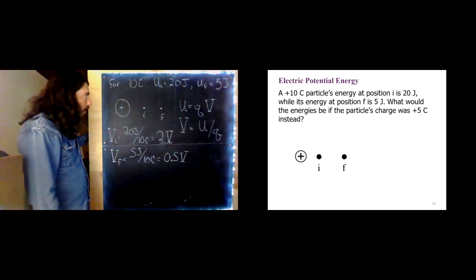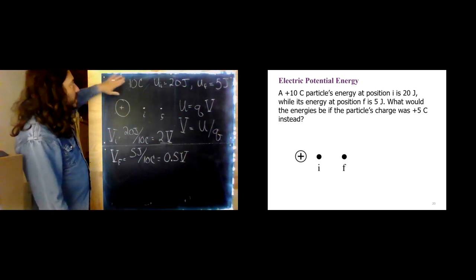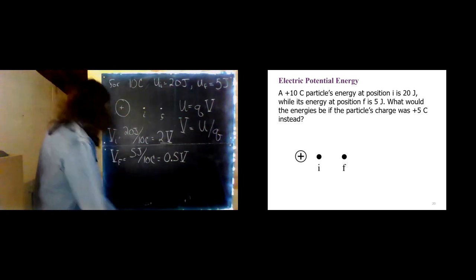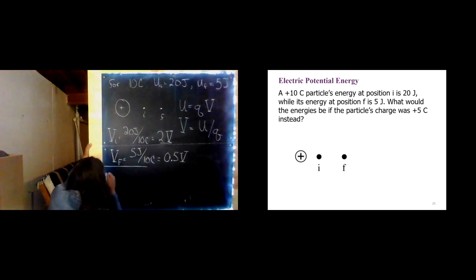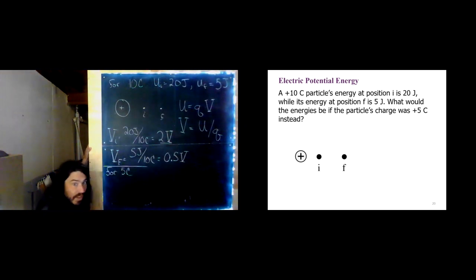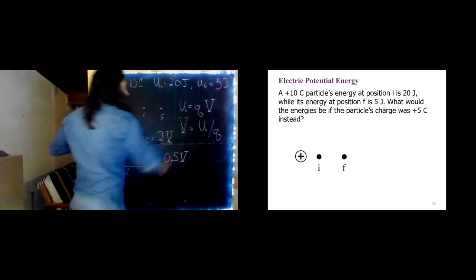But what about if the charge was a 5 Coulomb charge? Well, let's see. For 5 coulombs, the initial potential energy is equal to, again, we'll use this equation here, the charge.